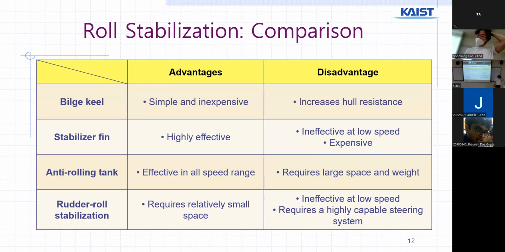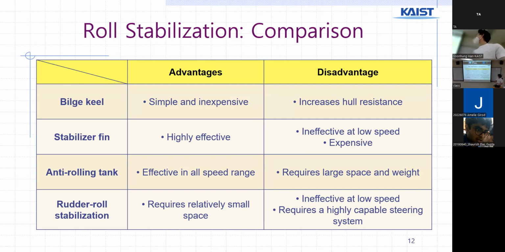Here is a comparison between these 4 technologies. You can see the bilge keel is, as I said, simple and inexpensive. The stabilizer fin is an improvement, more effective, but more expensive than the keel.